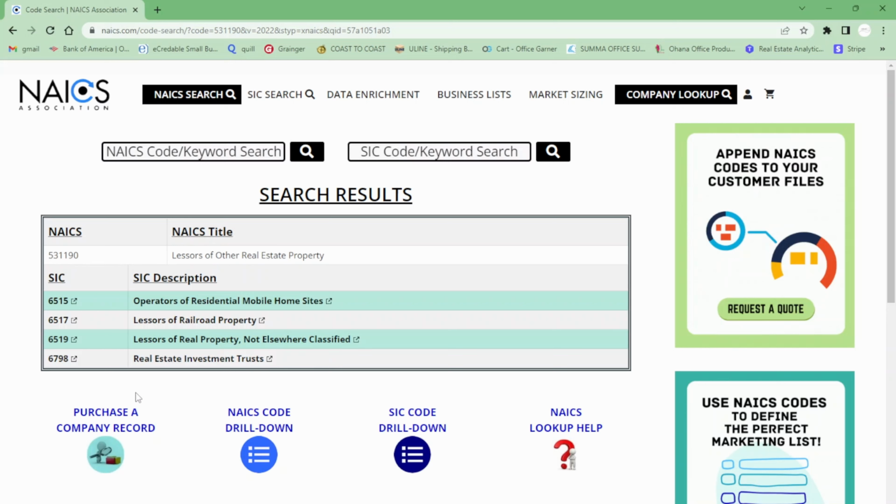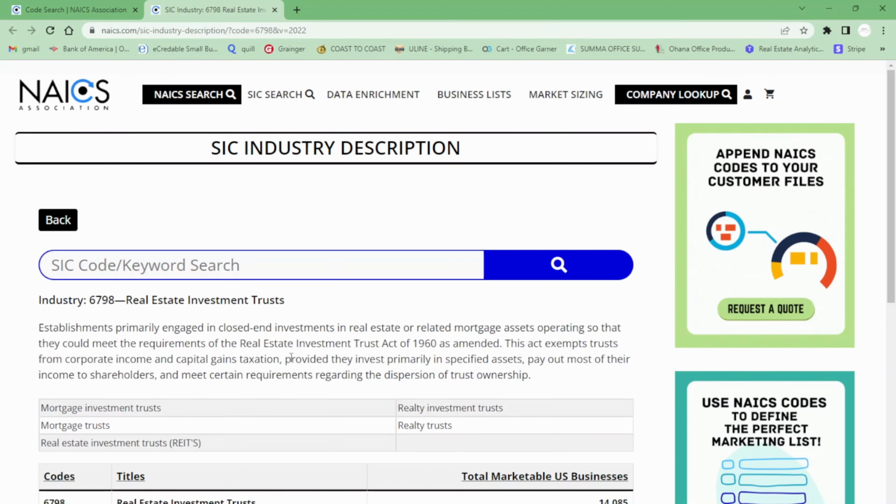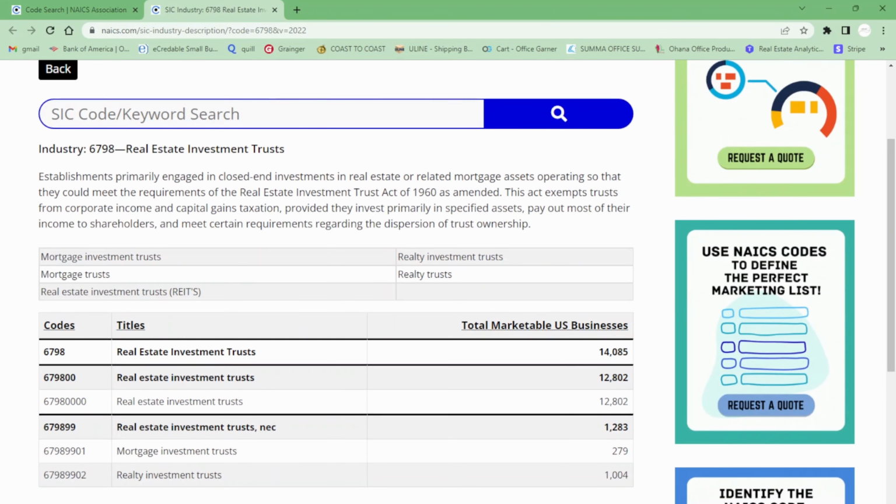Me, I am very interested in real estate investment trusts. What is that? So you click on it. It gives you the whole breakdown of what this industry actually is. So you can read this before you even use this code.